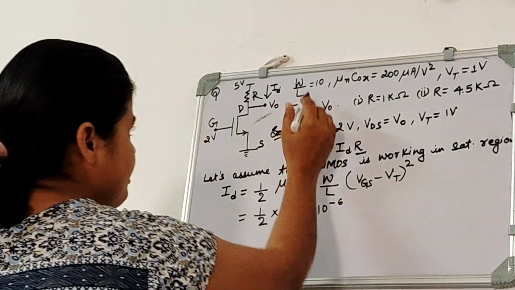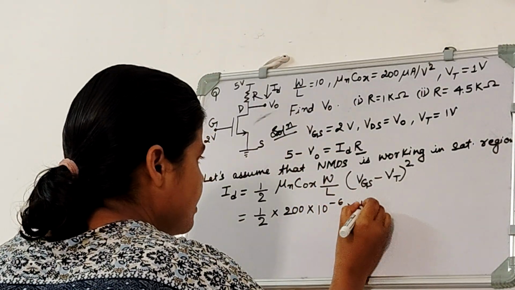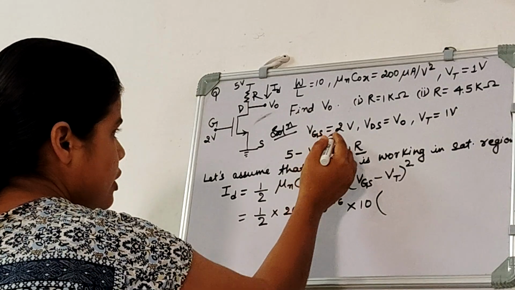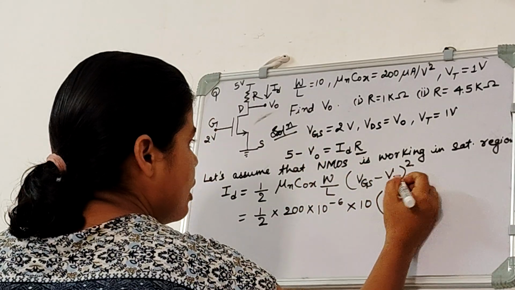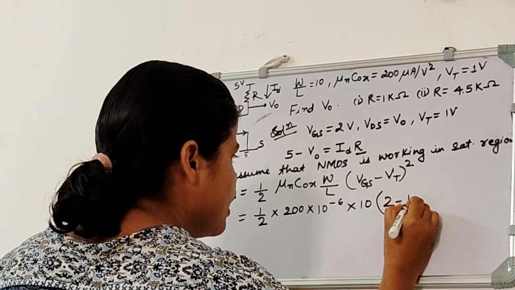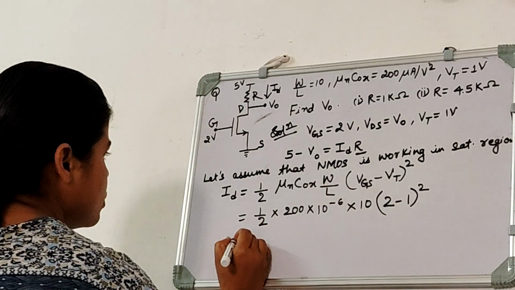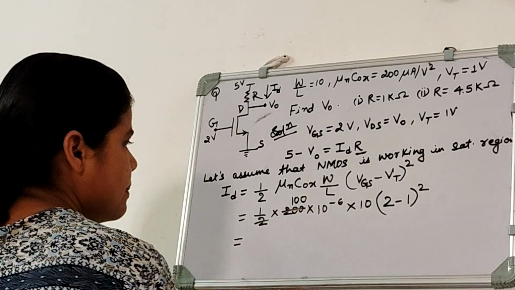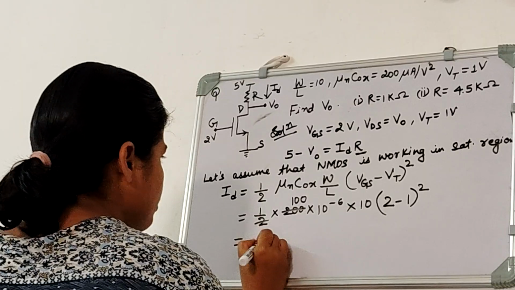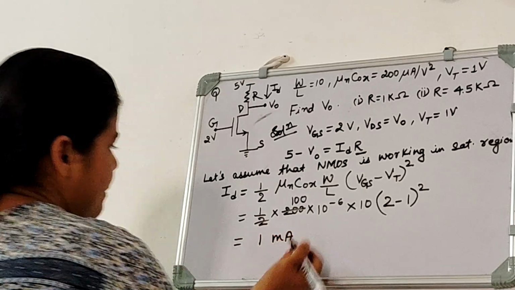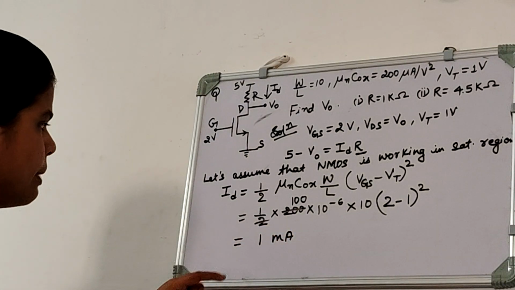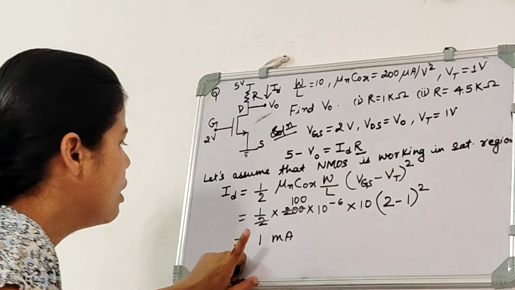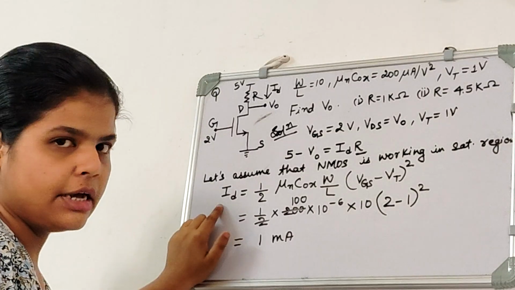And W by L is given as 10, so here we will write 10. VGS is 2, and VT is 1, so 2 minus 1 whole square. This 2 cancels this 200, so we will be left with 1 milliampere. 1 milliampere will be the drain current.